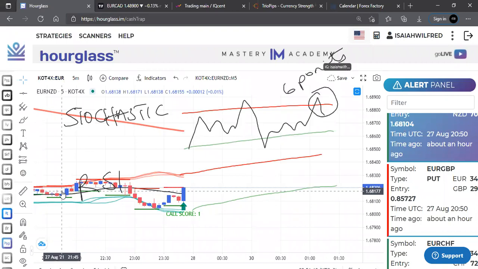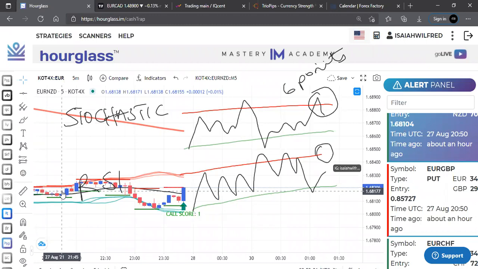Now, on the RSI, we are looking for the same thing, a cross down as well, for us to get 7 points. But if we have it like this, and it's not yet here at the red area, what am I supposed to do? I don't count it as a point.